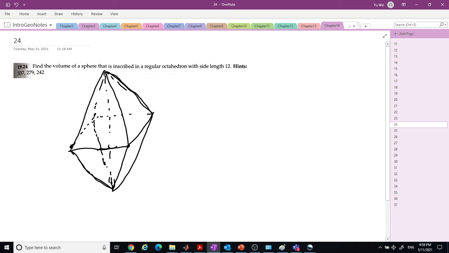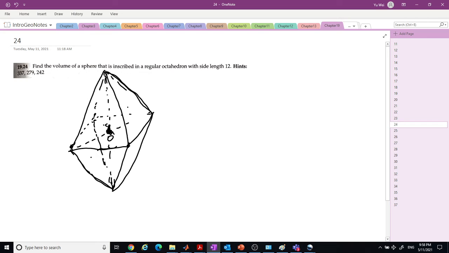Okay, so now we need to find a point, right? That is inscribed in this, meaning from the center to the face here and to the face here has equal length. You can see, by symmetry, the center can only be selected on the middle plane, O, right?